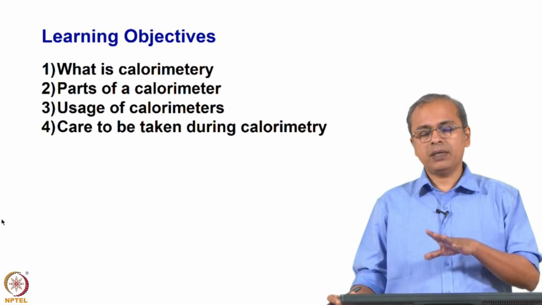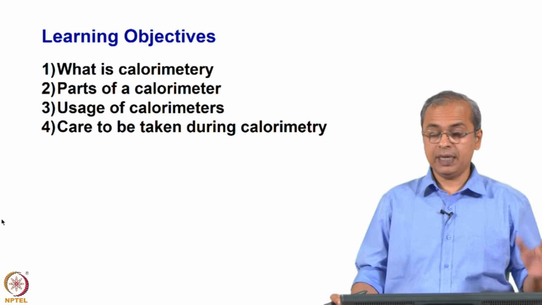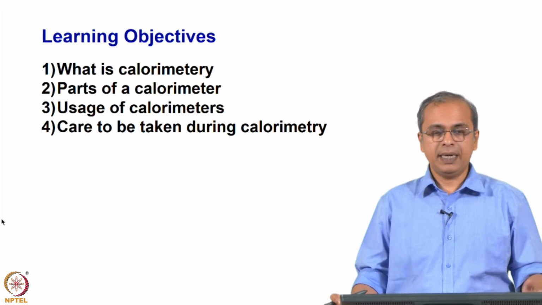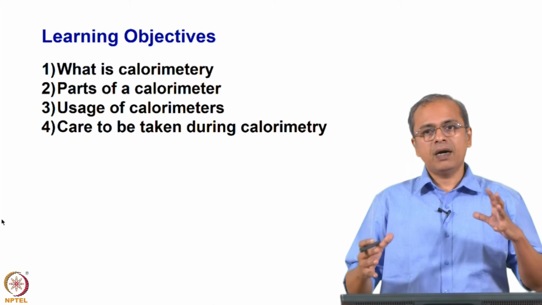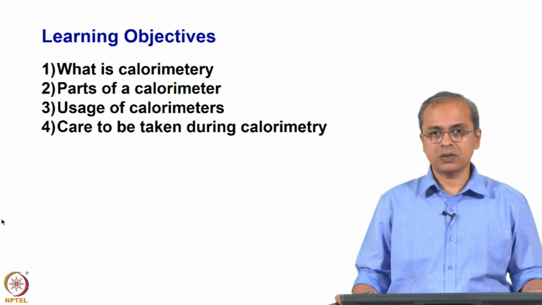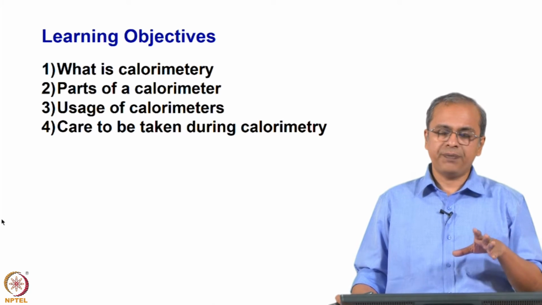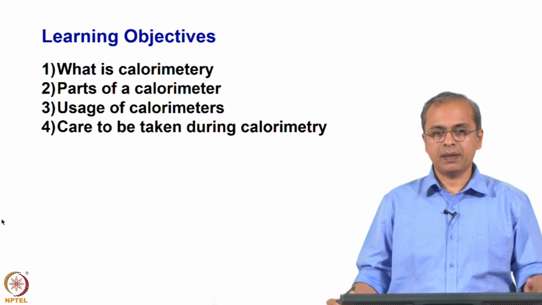Of course, if you look at courses in chemistry, or even a full scale course on thermodynamics, you may have much more detailed information on calorimeters. We will look at it in the context of our discussion in this course, and so the level of detail will be put together accordingly.